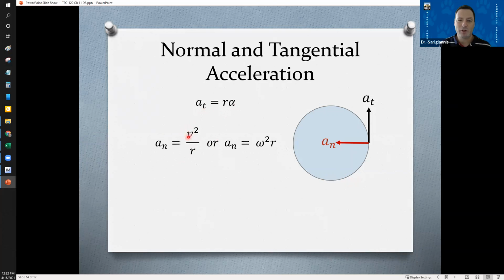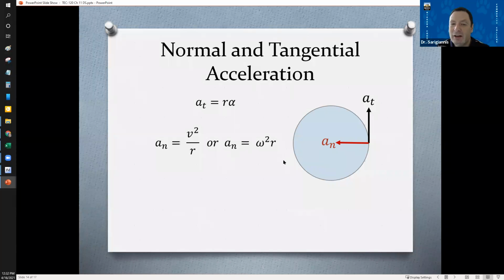Remember, v and omega are interchangeable, right? v is omega r. So you plug that number in, and you wind up with omega squared times r as the normal acceleration. So what does this tell us?